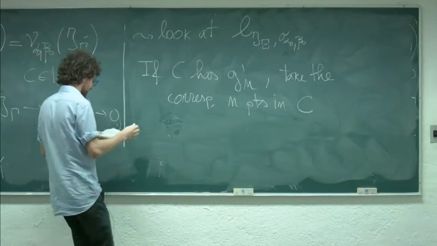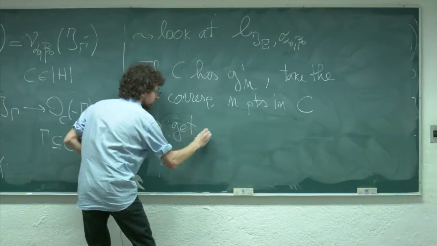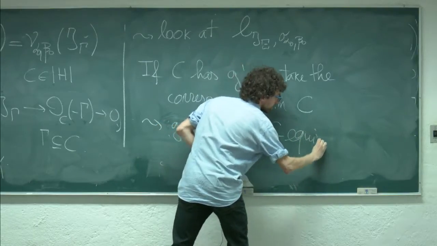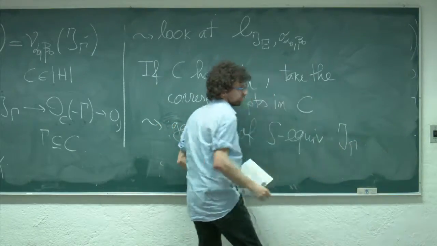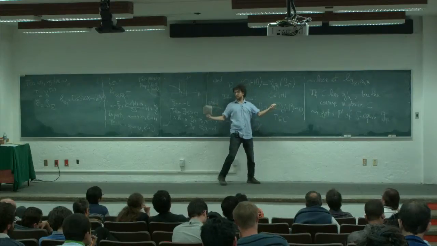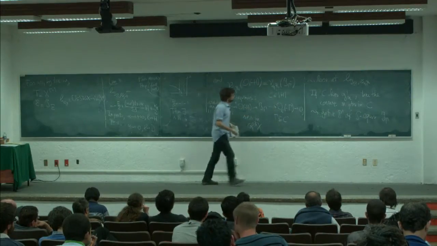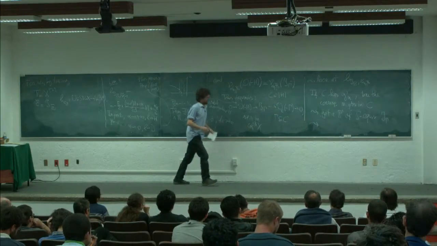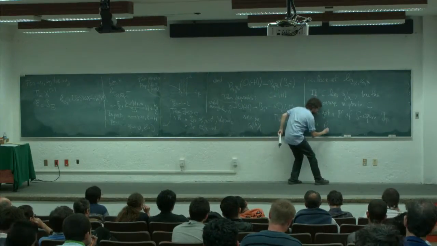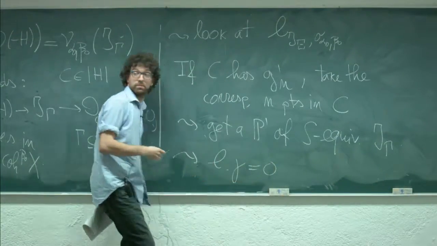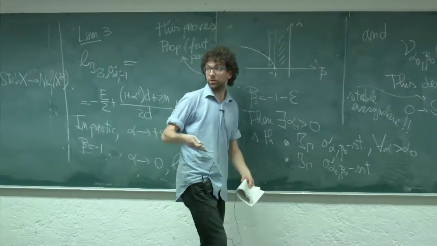I get a P1 of objects S-equivalent to I gamma, right? Because I smash them into a sequence where this one is constant and this one is constant, and there is a P1 of them, of extensions. And so that's the curve which is being contracted. And then I get, for the same L, L dot this curve gamma is equal to 0. And so it's actually the boundary of the nef cone because it's not ample.